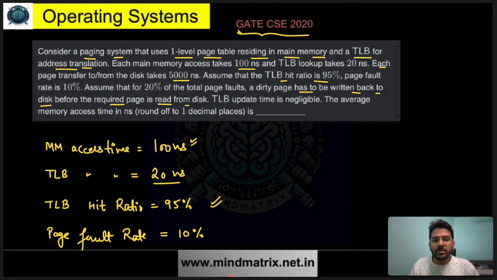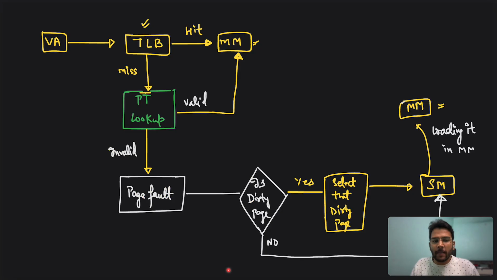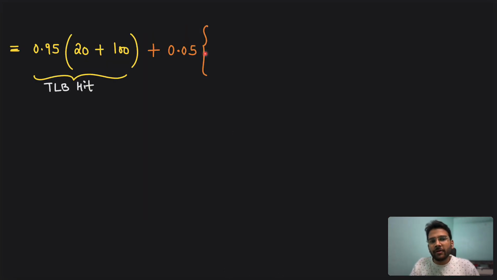So if it is a TLB miss, you have to check into the page table, and in the page table itself, you have the page fault rate given, that is 10%. Page fault rate is given. So if it is a TLB miss, in that case, either you are going to get that in the page table or not.